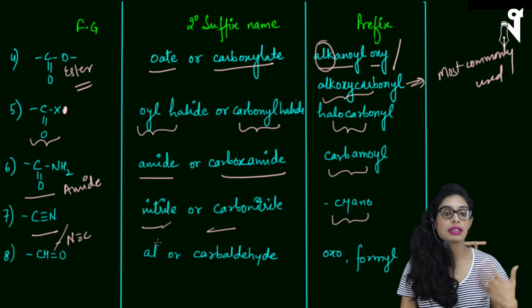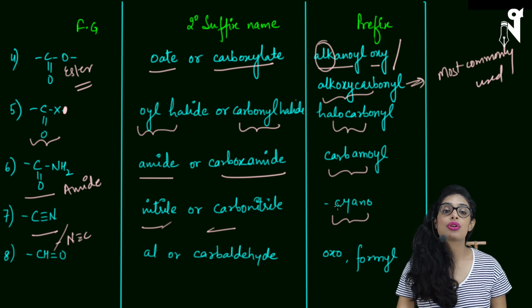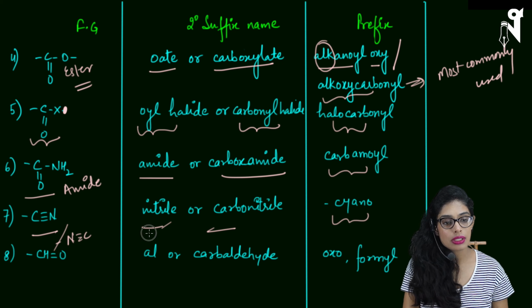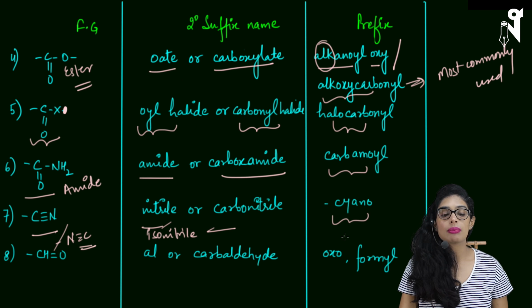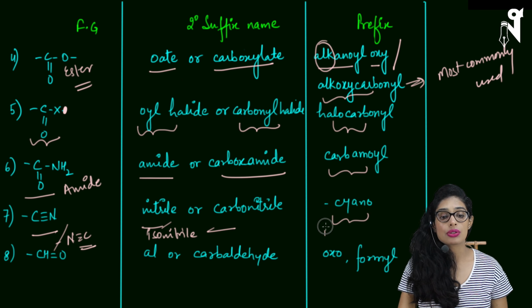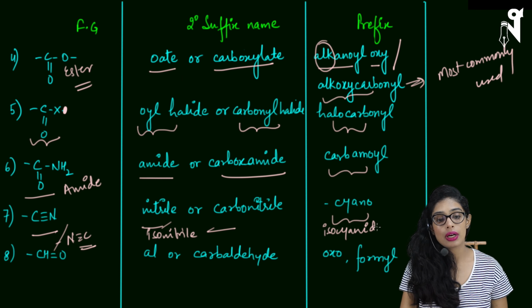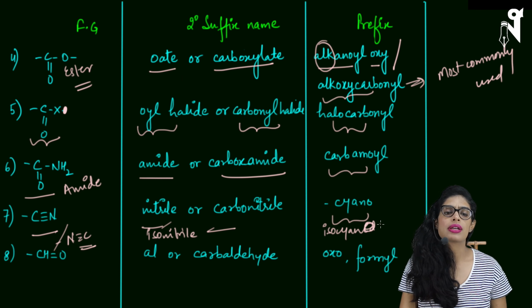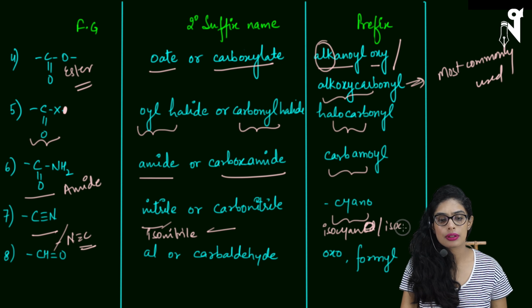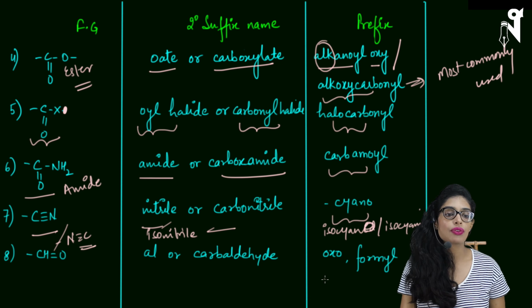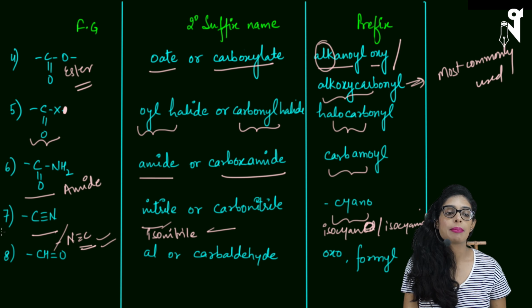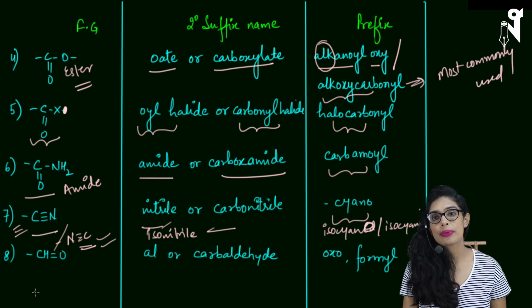If you are using it as a suffix, it is isonitrile for N triple bond C, and if you are talking about the prefix, it is going to be isocyano or isocyanide. But we generally don't get many questions with N triple bond C. Majorly we get C triple bond N.